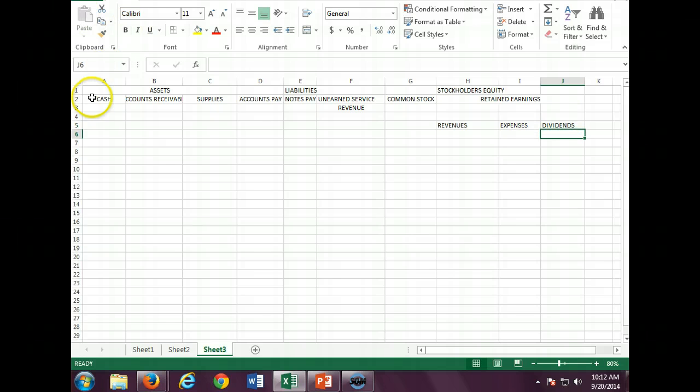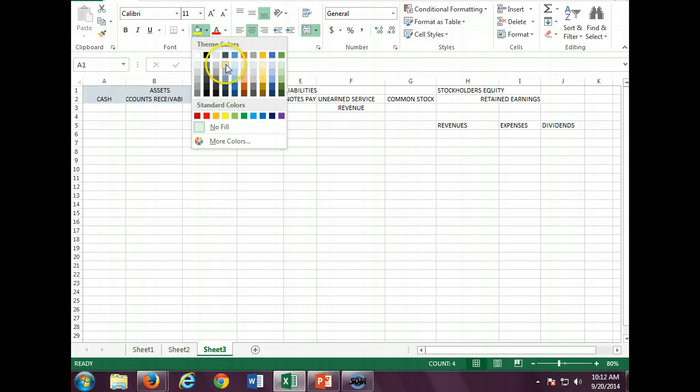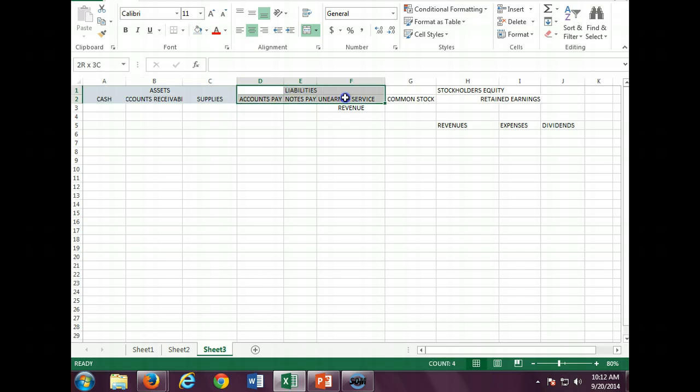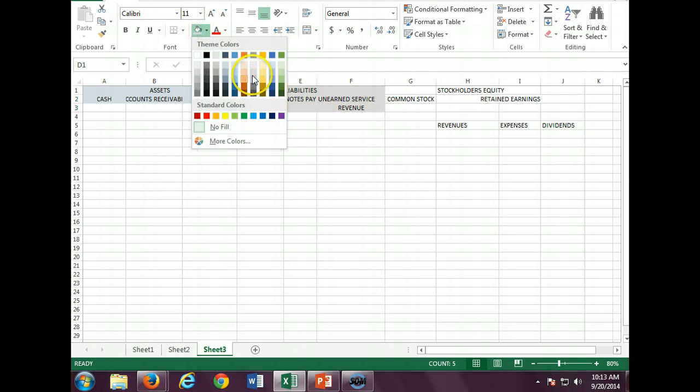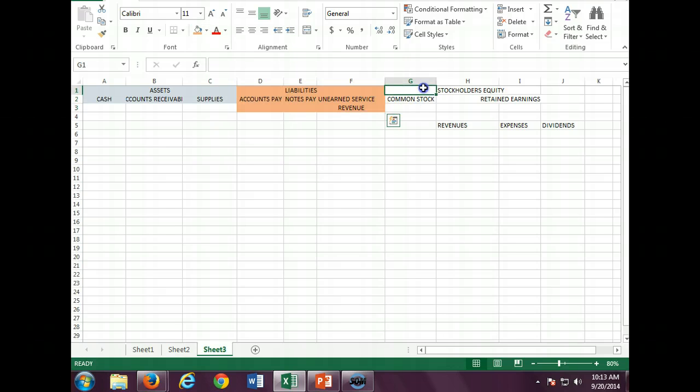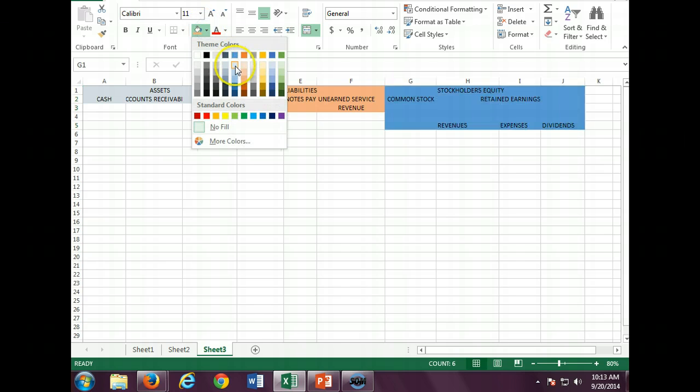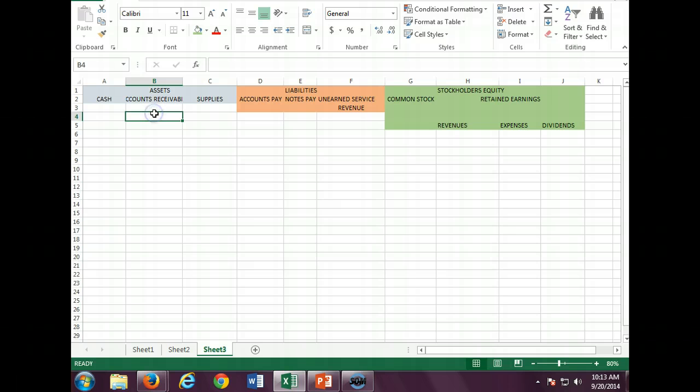So our assets are here. Our liabilities are here. Our stockholders' equity section is here. What I'm trying to do is highlight them so we know which accounts follow what.